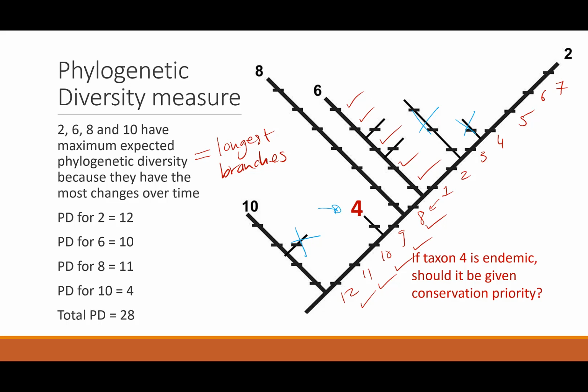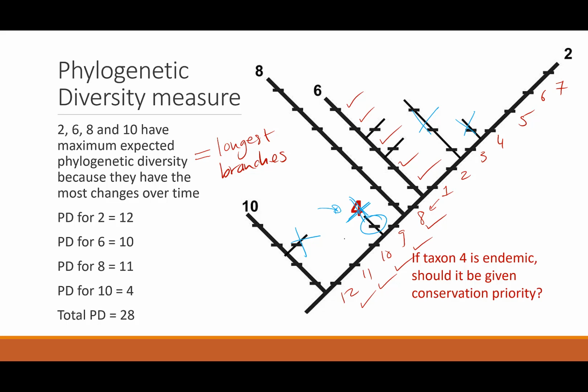If you got rid of number 4, and let's say number 4 went extinct, really what you've lost is only 1 unique evolutionary change.